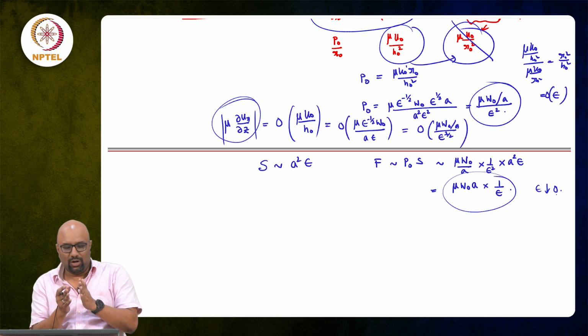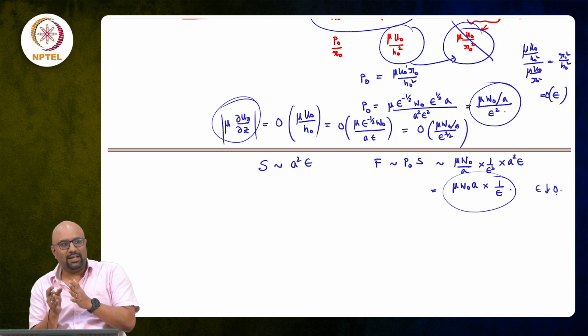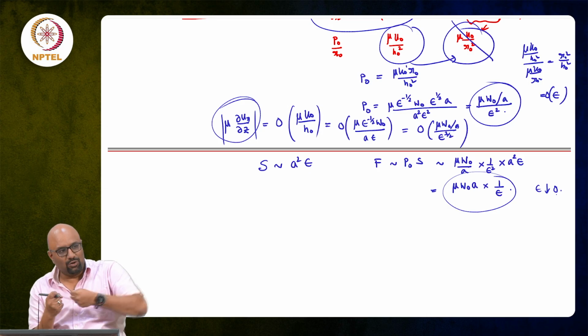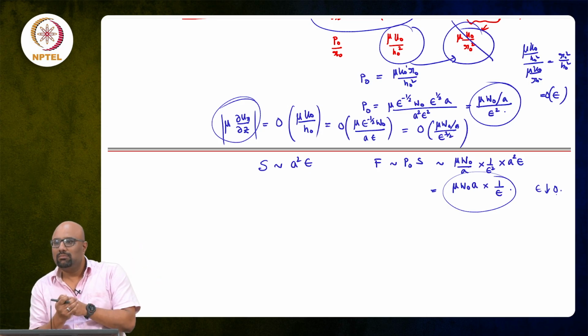I do not know how many of you have seen this, but if you have two plates which are recently washed and stacked on top of each other, to separate them there is a lot of force that you need to apply, because you are trying to overcome this large negative pressure.